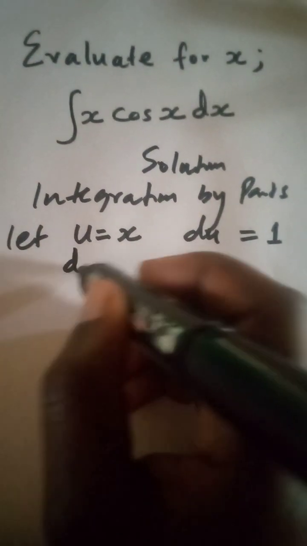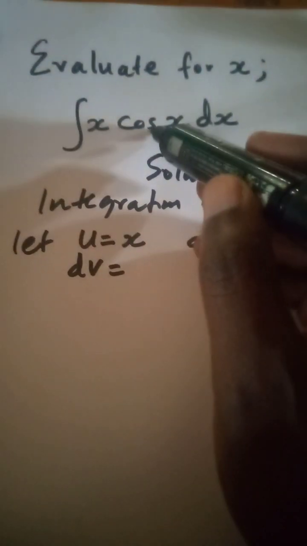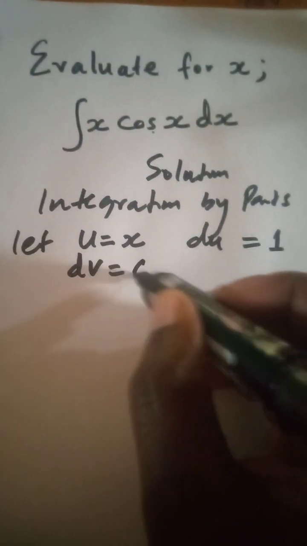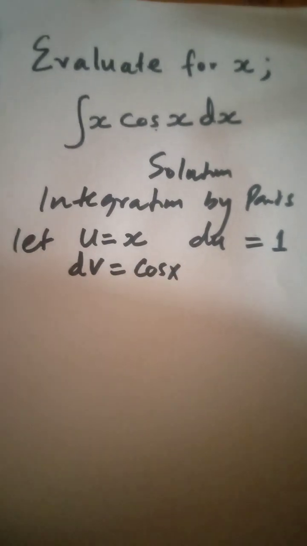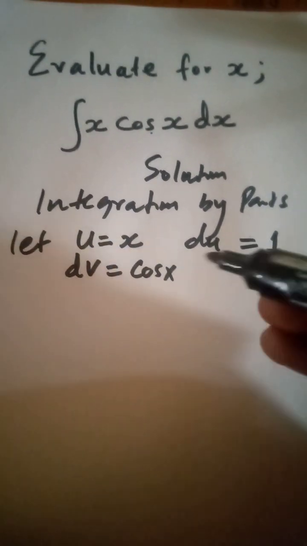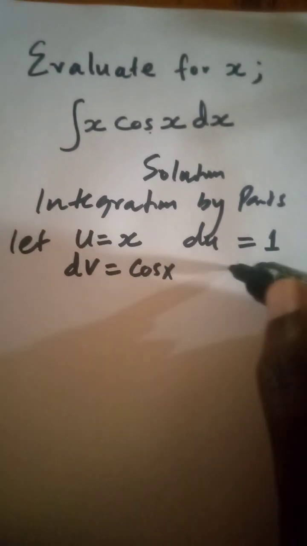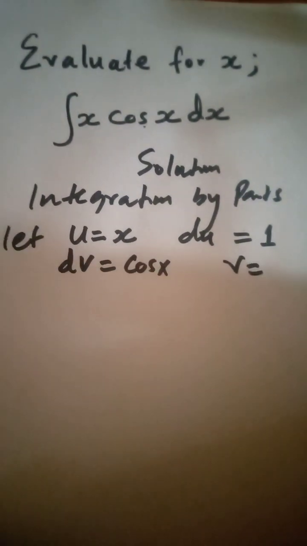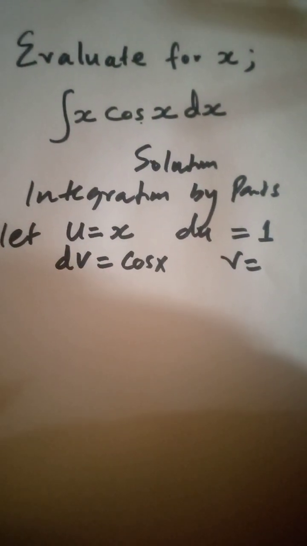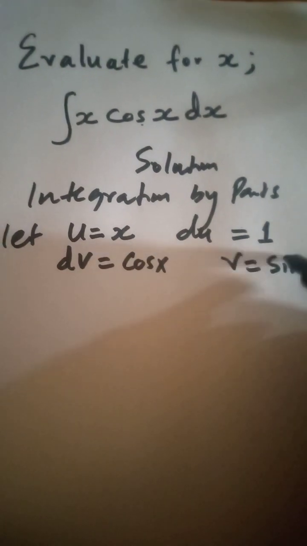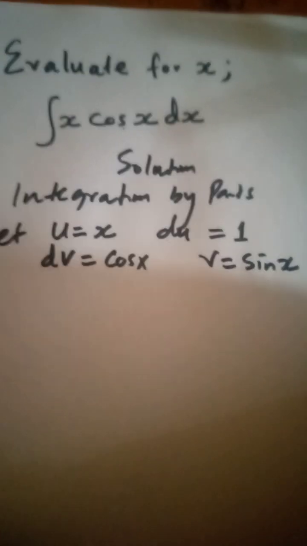And then I'm going to choose dv to be cos x, so that when I integrate this, I'm going to get v is equal to sin x.